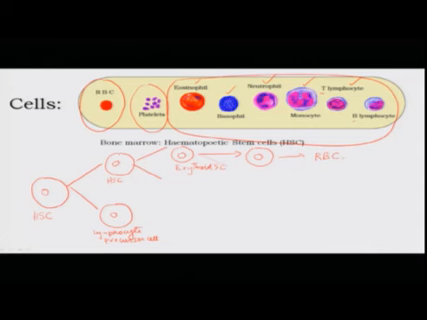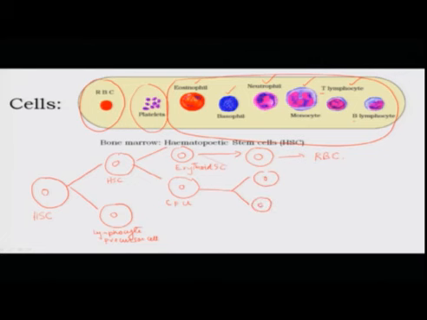Then what about other cell types? Similarly, this hematopoietic stem cell can also differentiate into another kind of stem cell, which is known as a colony forming unit. This colony forming unit is a precursor to all the white blood cells other than the lymphocytes. This colony forming unit will then again divide into two kinds of cells.